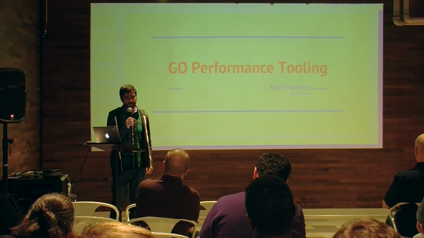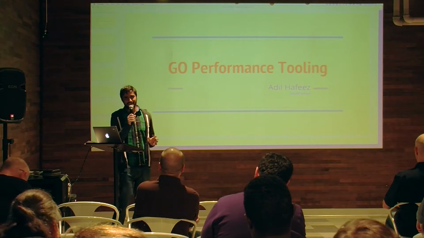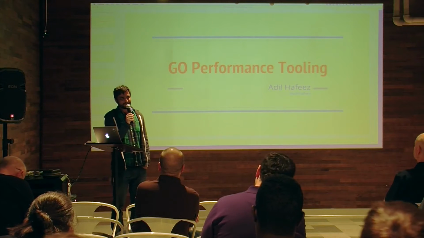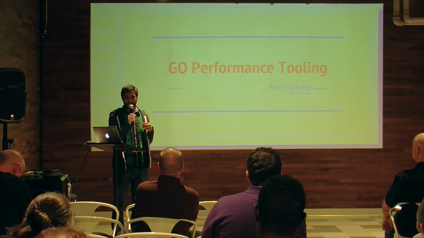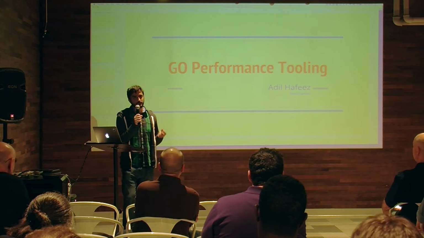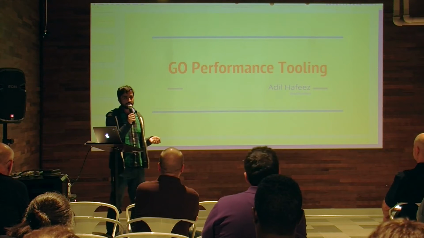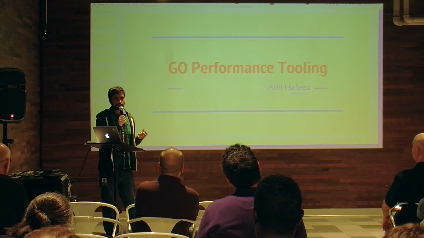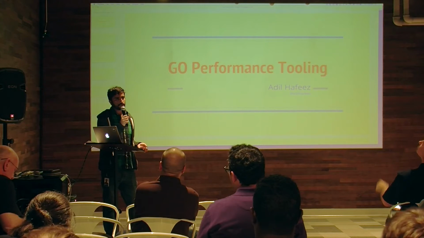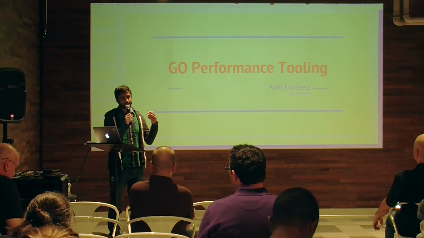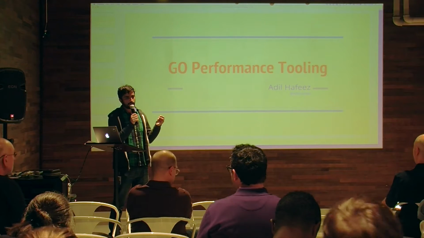In today's talk, I'm not going to talk about any of the games, as my friend earlier talked about. It's going to be an overview of how you can use different tools that are available with the Go toolchain to debug or analyze or step through the performance issues.